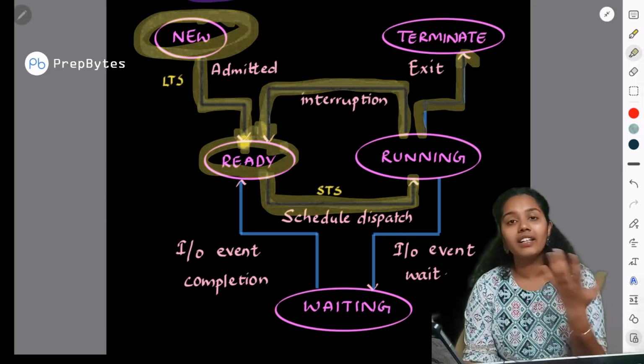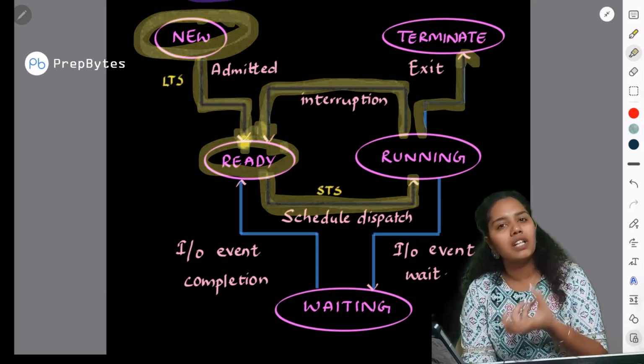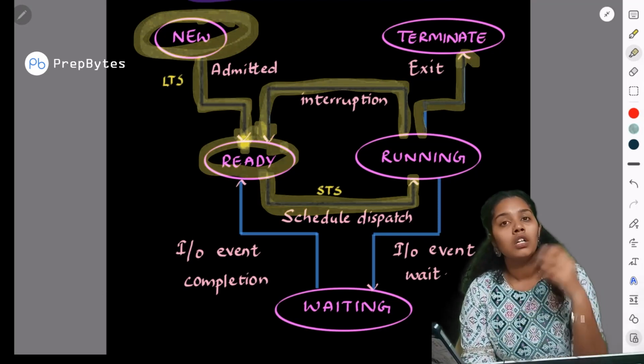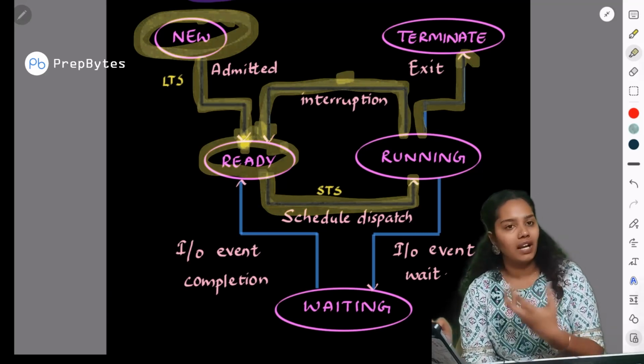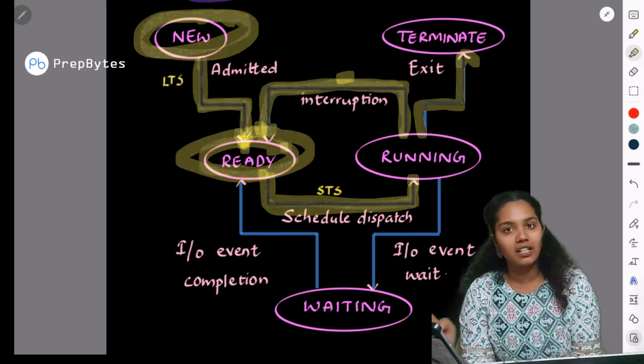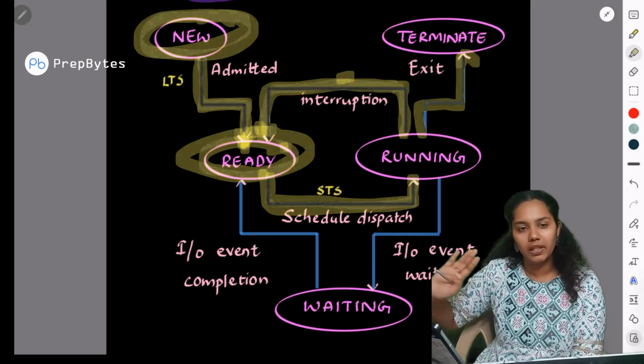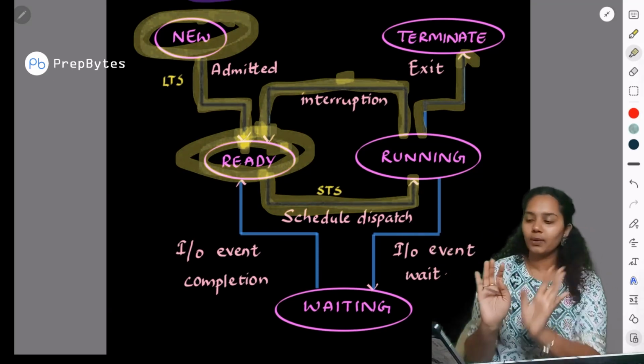So whenever high priority processes come into the picture, already running processes get interrupted and go back to the ready state. This is the second condition. The first one was simply getting terminated. The second one was coming back to the ready state.